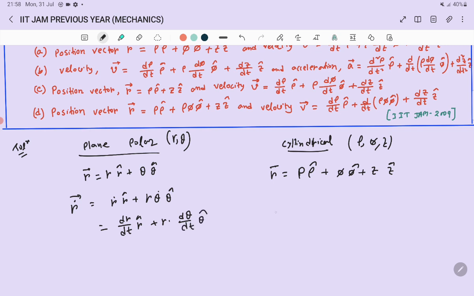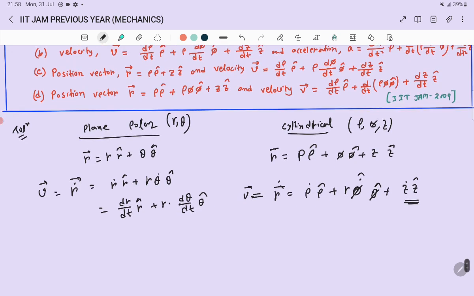Similarly for cylindrical, the velocity will be rho dot rho cap plus rho phi dot phi cap plus z dot z cap. So this term is extra here.